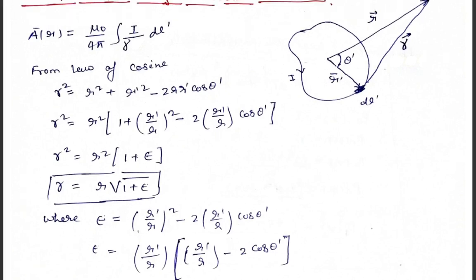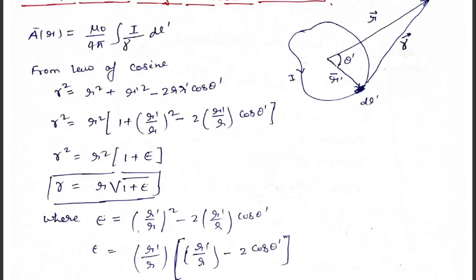Obviously the unit vector of the r vector will be along this direction, and the r prime vector is along this direction. So r prime cos theta prime can be written as the r prime vector dotted with the unit vector along the r vector, that is r unit vector. So this cos theta will be absorbed within the dot product.